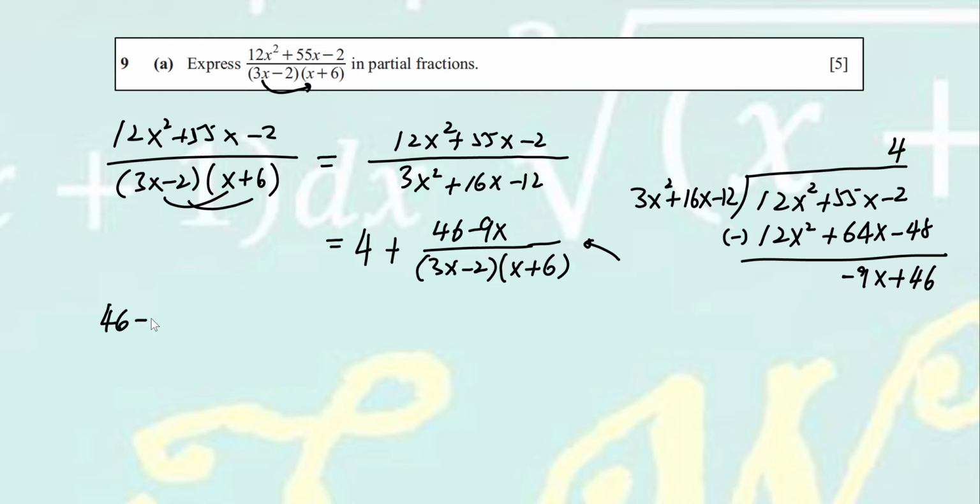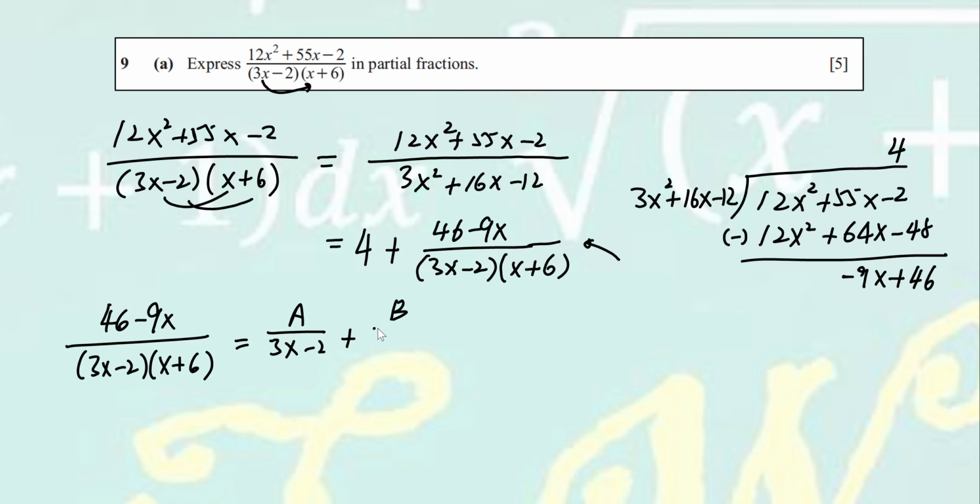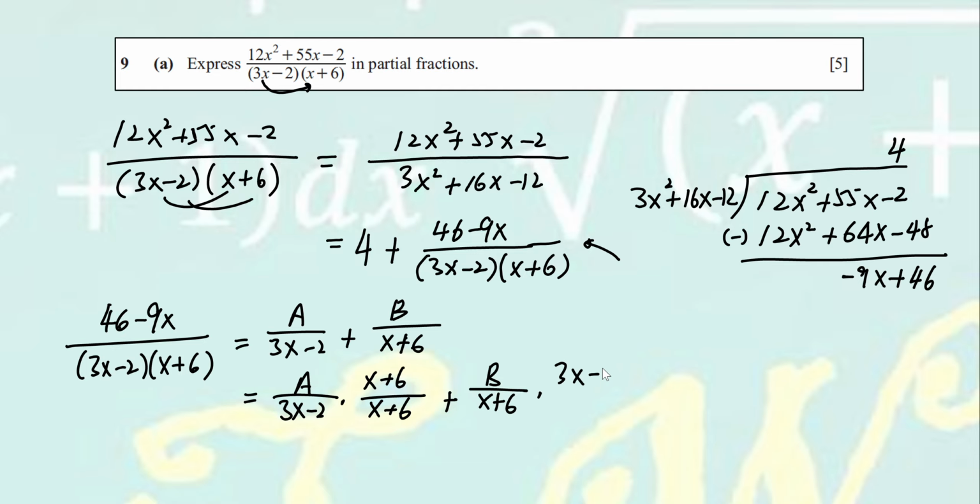So 46 minus 9x will be a over 3x minus 2 plus b over x plus 6. Now get the same denominator. So I need to times by another factor in both the numerator and denominator, which is x plus 6. And then plus b over x plus 6, so you times by 3x minus 2.